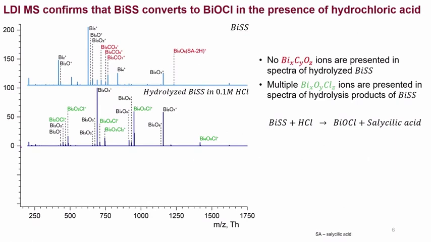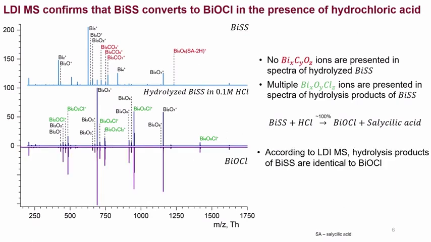And when we compared the spectra of these hydrolyzed products with commercially available bismuth oxychloride, we found that they have nearly identical spectra, confirming that this hydrolysis leads to a 100% yield of bismuth oxychloride and salicylic acid as a byproduct.